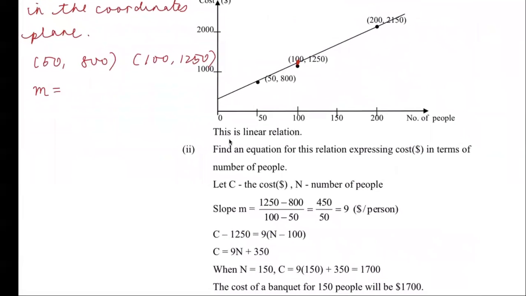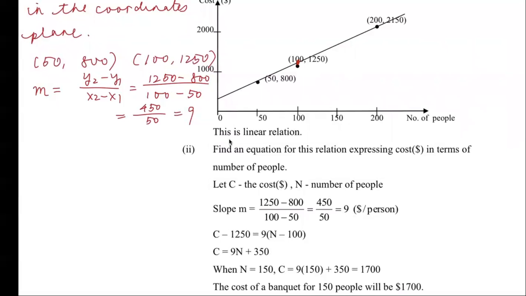Slope is equal to y2 minus y1 over x2 minus x1, which is equal to 1250 minus 800 over 100 minus 50. 1250 minus 800, that's 450, right? Over 100 minus 50, that's just 50. So the slope is equal to 9.